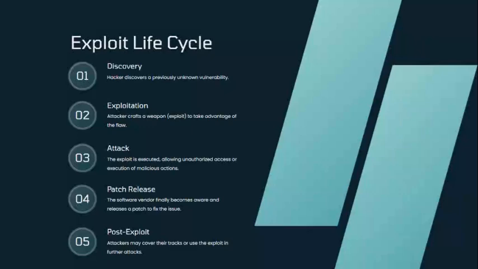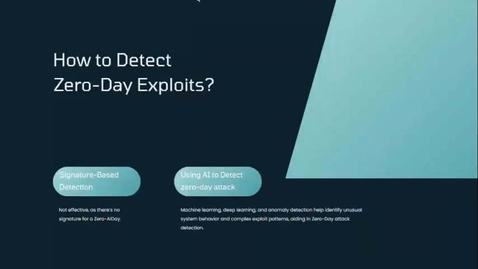Post exploit, the attacker may cover their tracks, steal data, or maintain access. And the scary thing is that from discovery to patch release, 0 day exploits can go unnoticed for weeks or even months. That's the most scary part. Now, how do we detect a 0 day exploit? Detecting 0 day exploits is a real challenge.